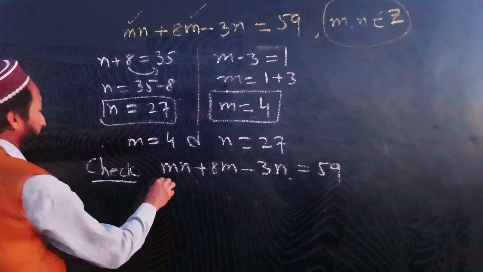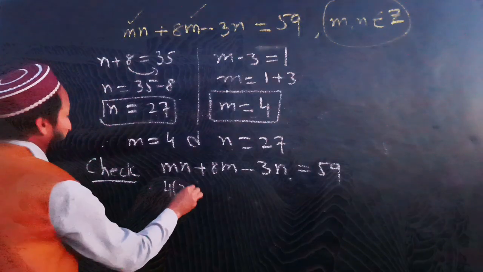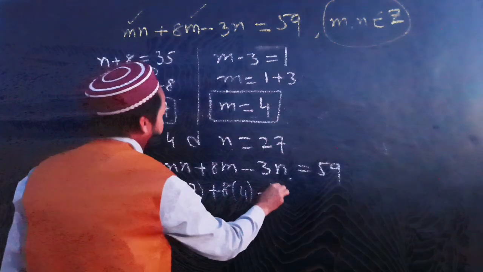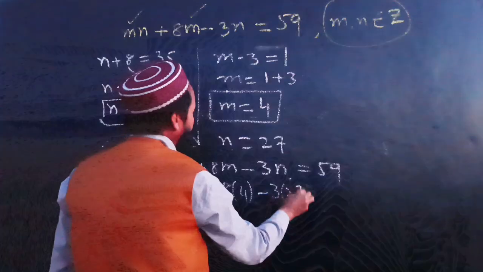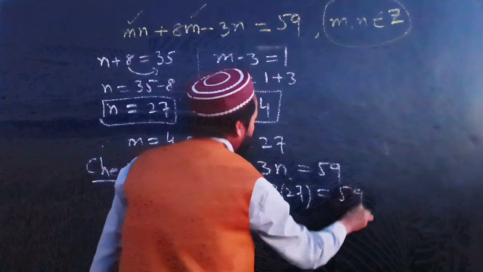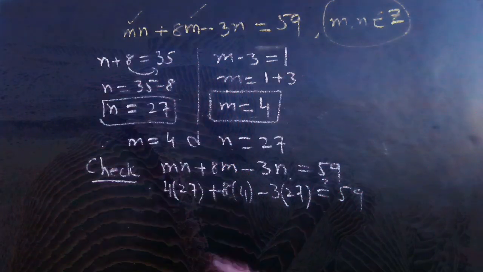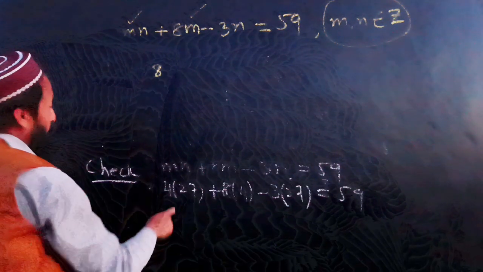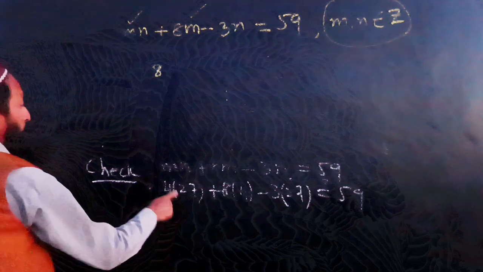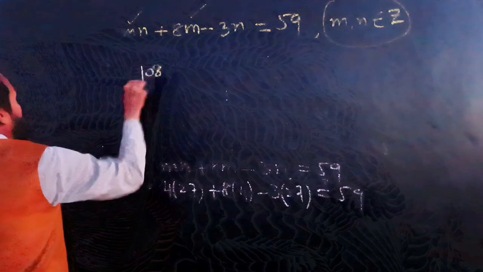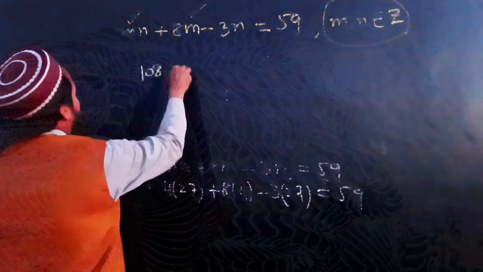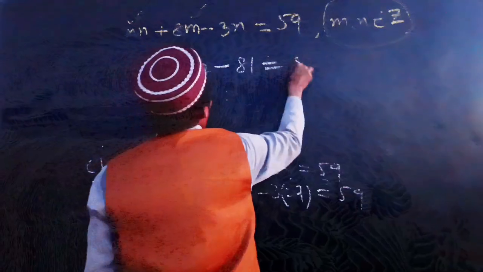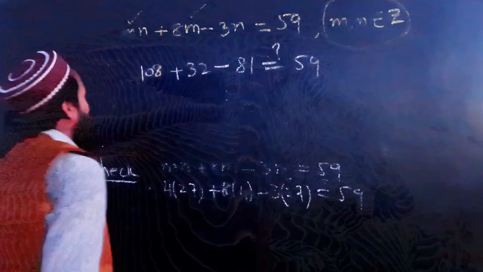So we substitute the result, m is equal to 4 and n is equal to 27: 4 multiplied by 27 plus 8 multiplied by 4 minus 3 multiplied by 27 is equal to 59, is that so? 4 multiplied by 27 is 108, and 8 multiplied by 4 is 32, minus 81 is equal to 59, is that so?